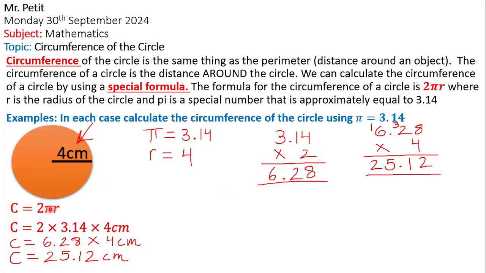Pi is 3.14. Very good. And what is the radius? The radius is 4 centimeters. So instead of writing 2 times pi times r, we write 2 times 3.14 times 4 centimeters. And then we multiply.